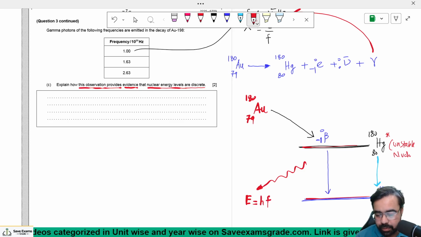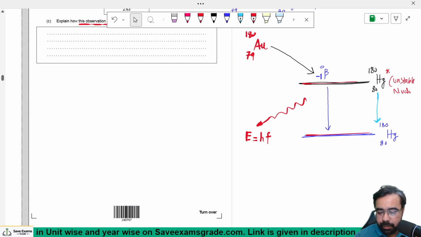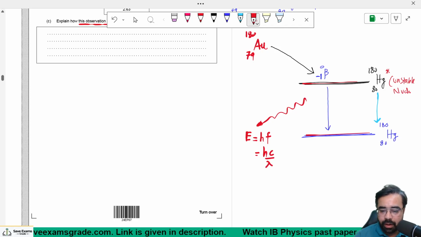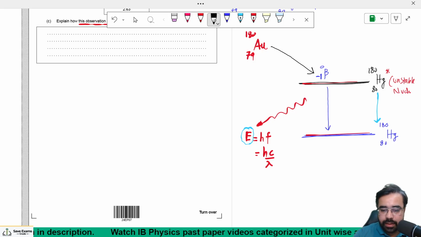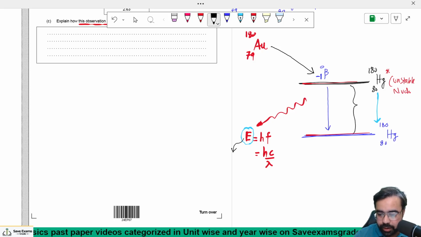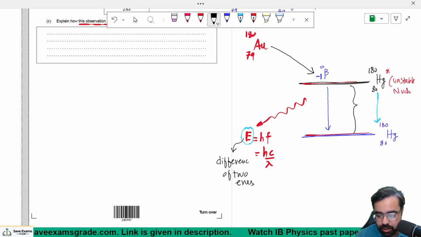That is E equals hf, right? Now remember that this f is c over lambda, so hc over lambda. But what about this E, dear students? This E is the difference of these two energy levels.